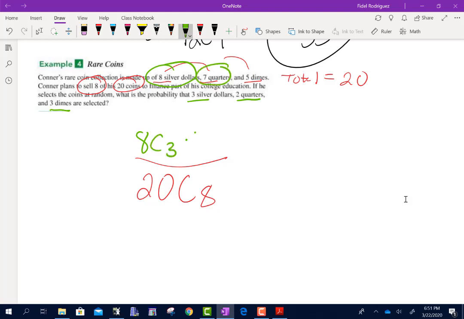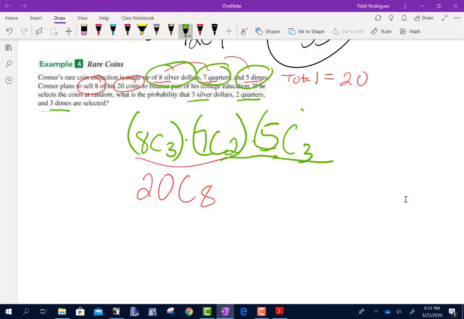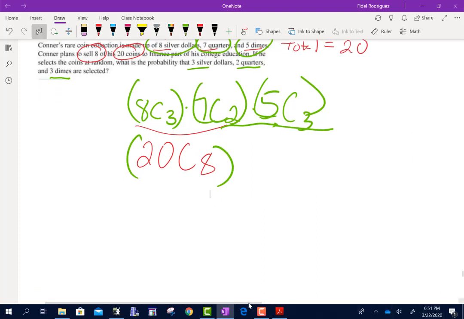We have 7 quarters. We're going to choose 2 of them. We have 5 dimes. We're going to choose 3 of those. So again, just to let you know how I'm going to do this on my calculator, it's going to be like that, right?